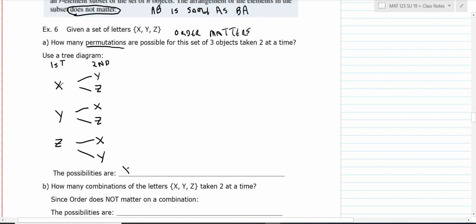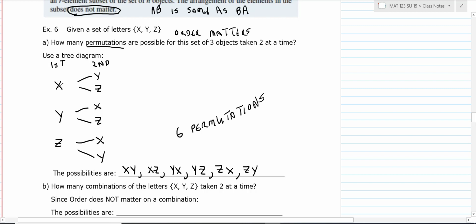We would say XY, XZ, YX, YZ, ZX, and we would say ZY. Okay, so there are 6 permutations of 3 objects taken 2 at a time.